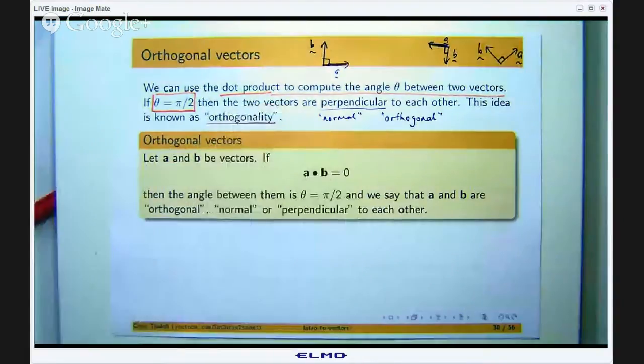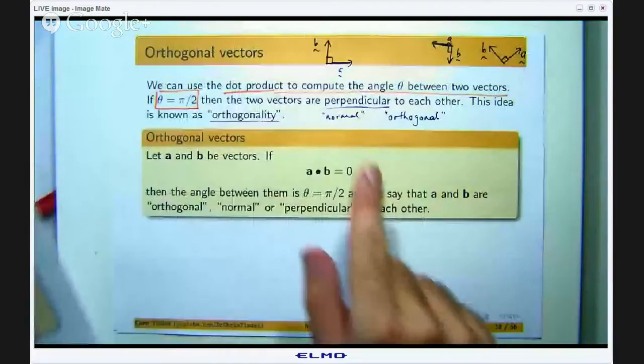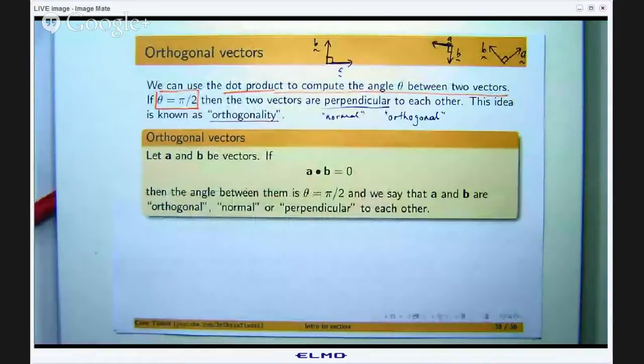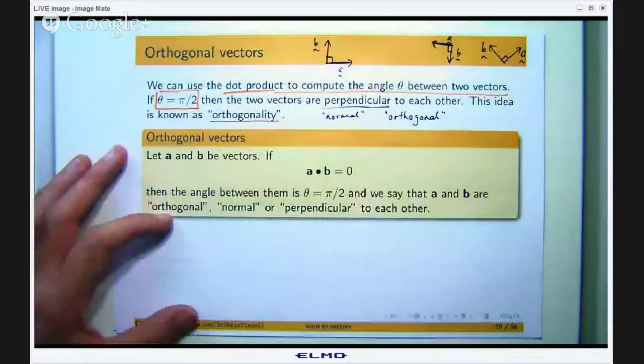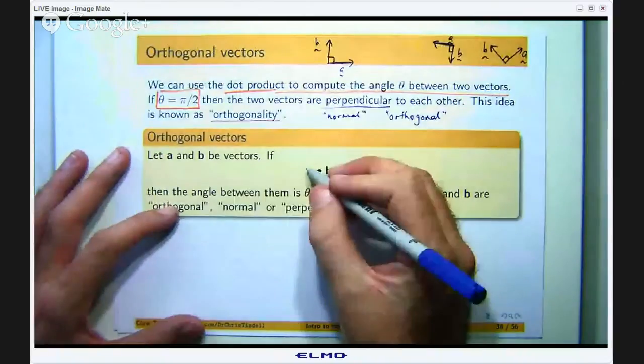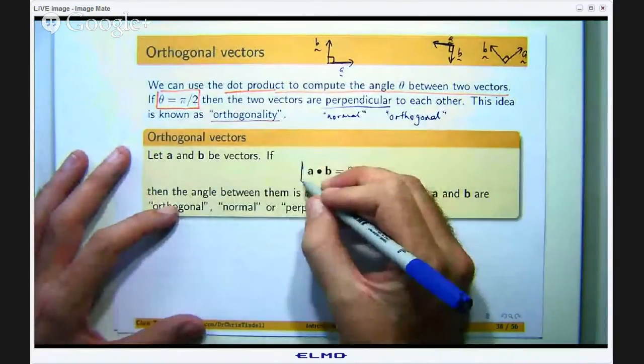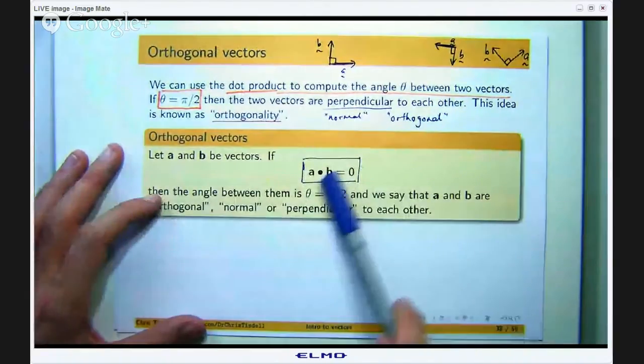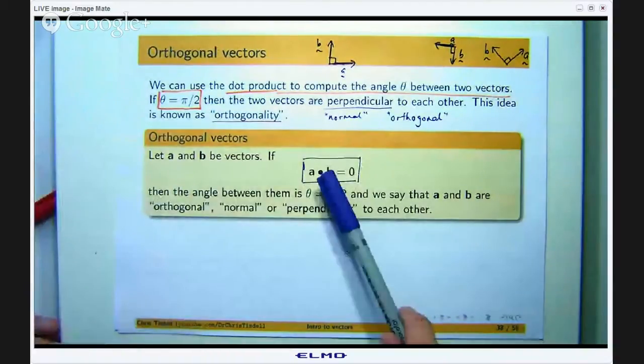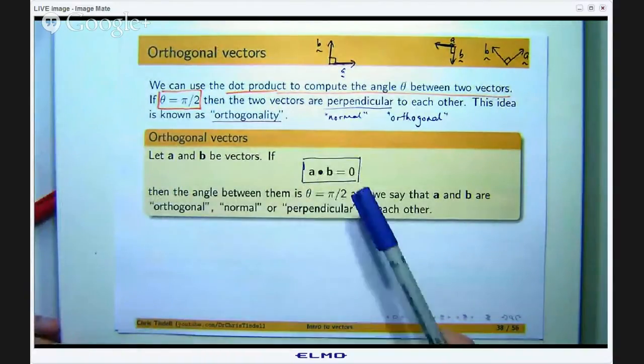Well, if we combine this concept with this idea of orthogonality, we can make the following conclusion. Let's say I've got two vectors A and B, and I compute the dot product of those two vectors, and the dot product turns out to be 0.